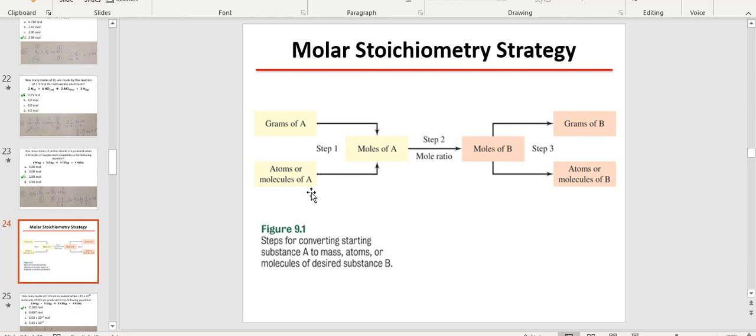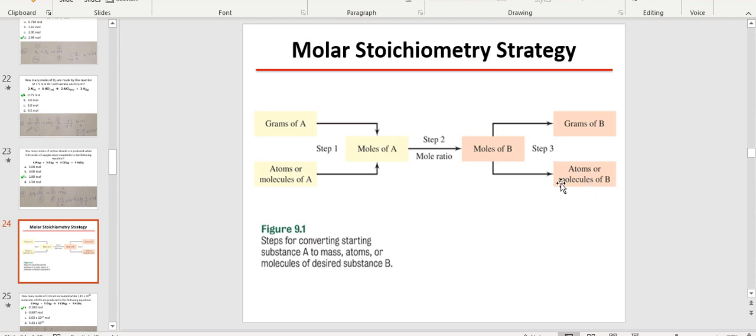I could give you molecules, number of atoms. What could you do? You have to flip it to moles, and then you go and do your mole. All right, which you're gonna get moles. Your answer is gonna be moles, but then I could ask for the answer in grams, or I could ask for the answer in the number of molecules.